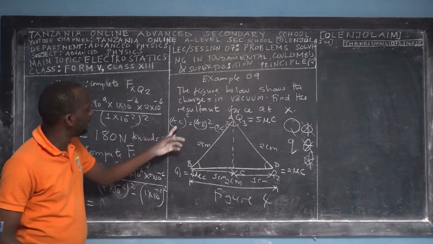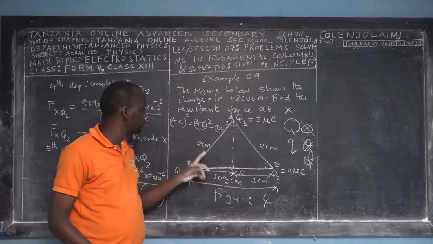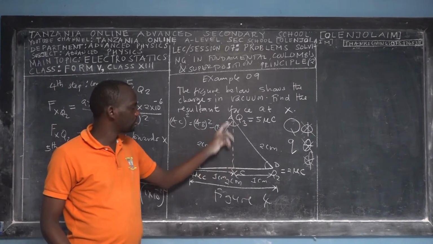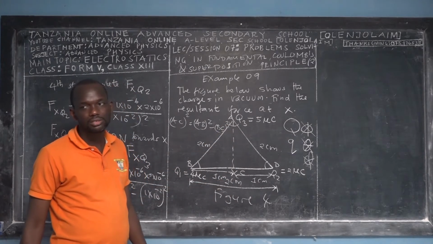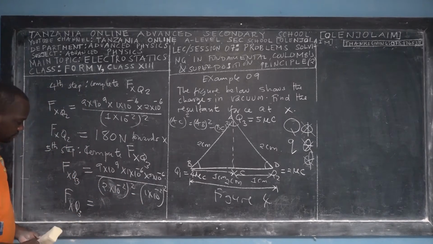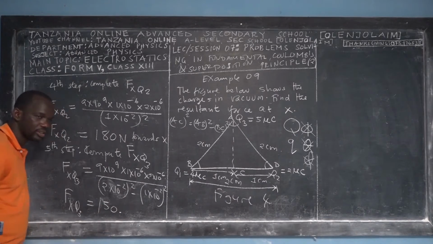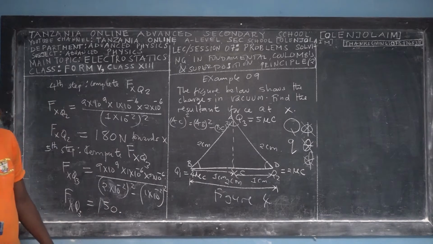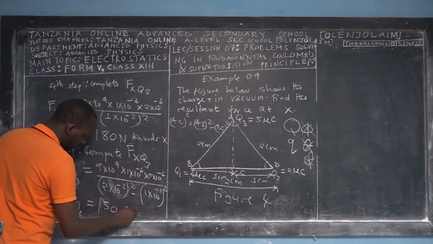So AC squared is what we call r squared, the distance between Q3 and Q at X. So that's why this computation is right. So the response is 150.356 Newton.